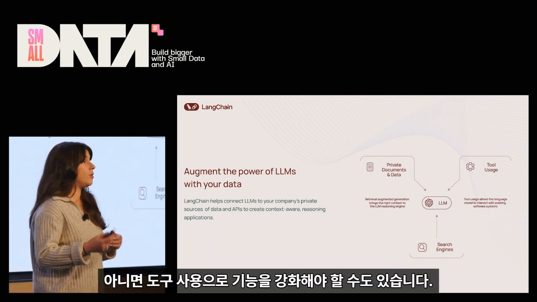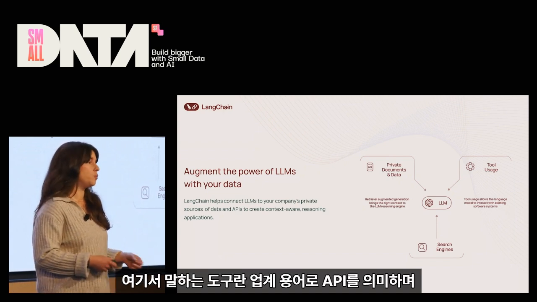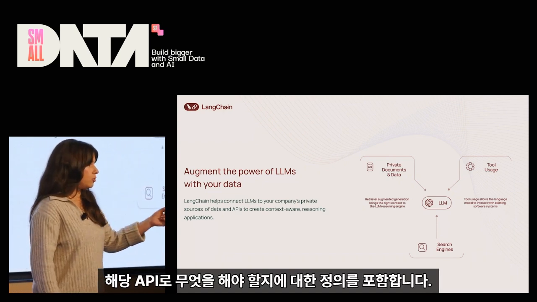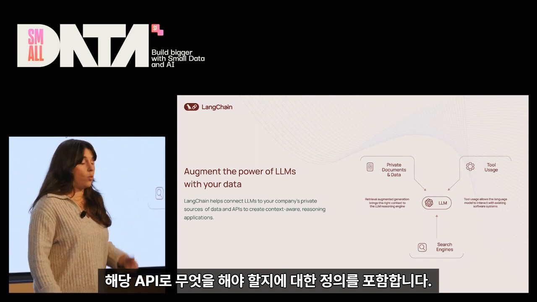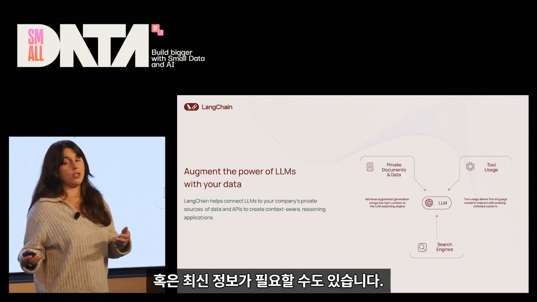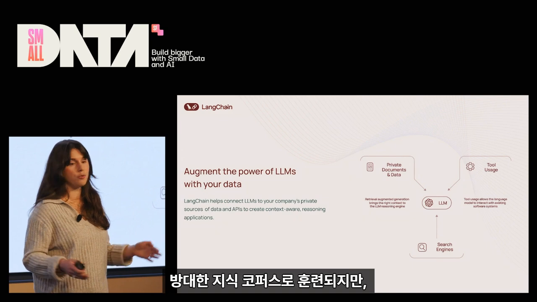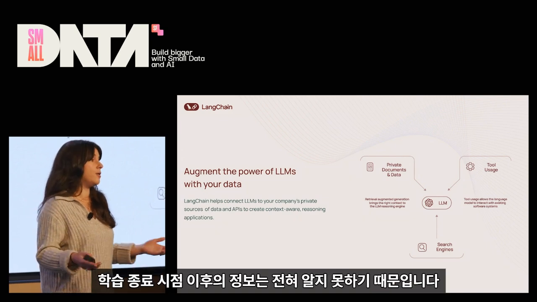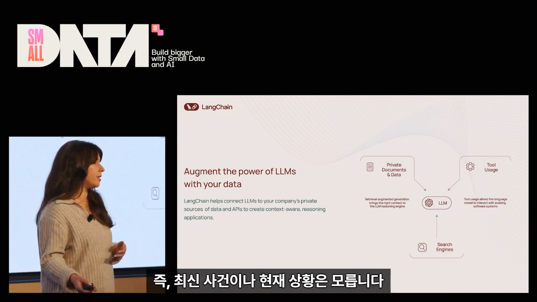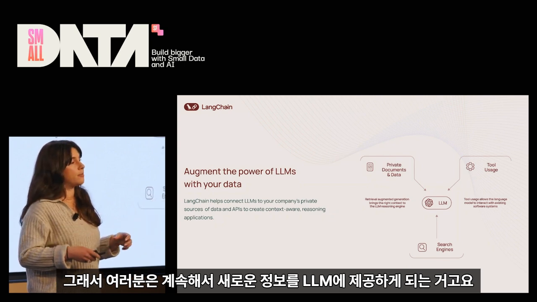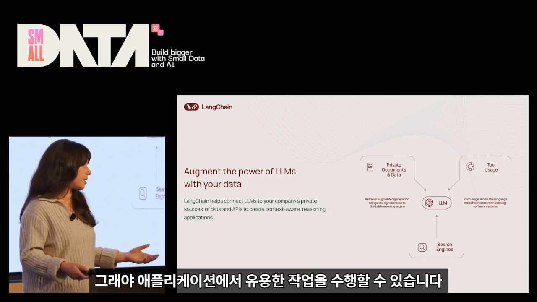Or maybe you need to augment that with tool usage, which is just an industry term for an API and a definition for what you should do with that API. Or maybe you need up-to-date information, because LLMs are trained on an enormous corpus of knowledge, but after the cutoff date, they don't know anything about more recent or current events.